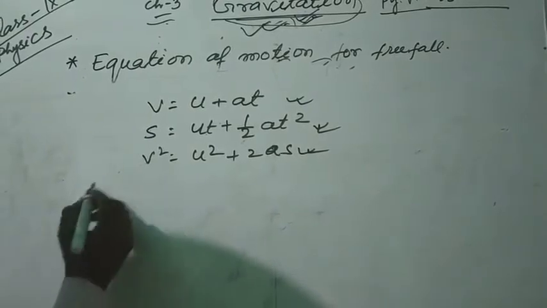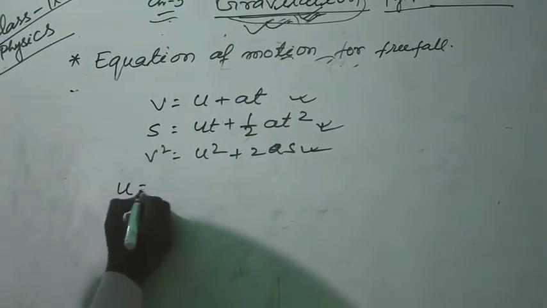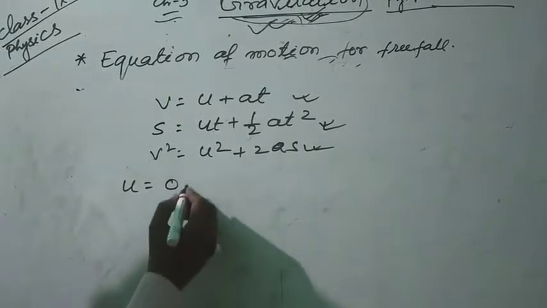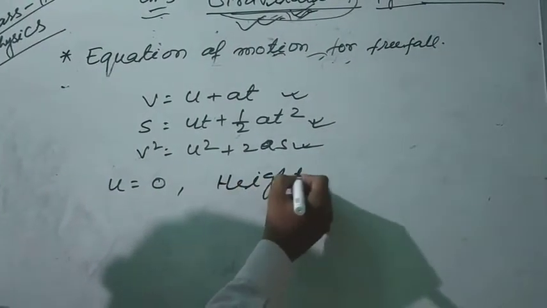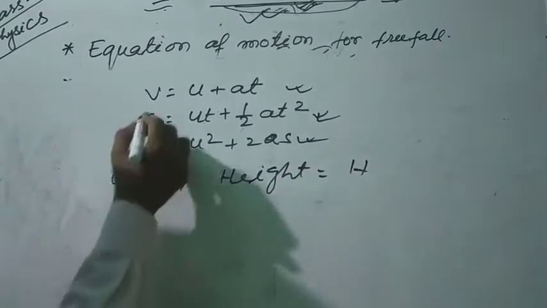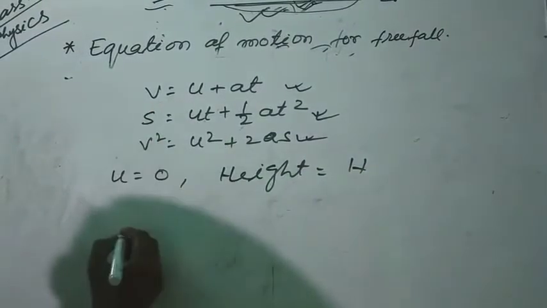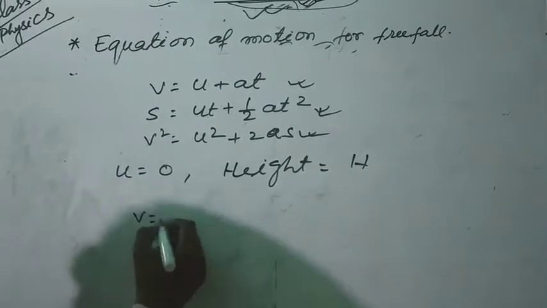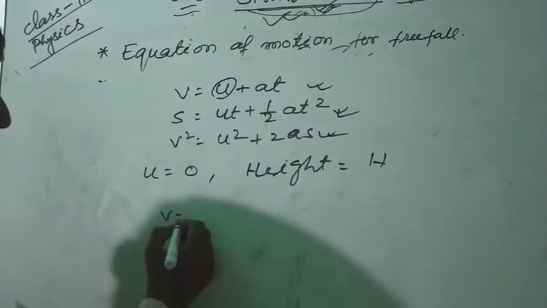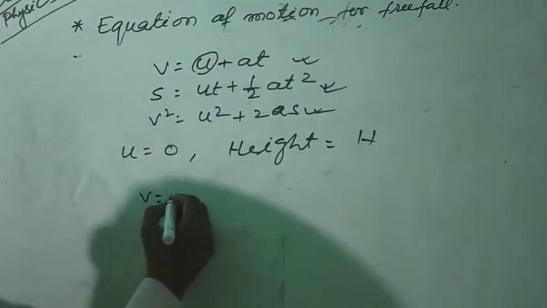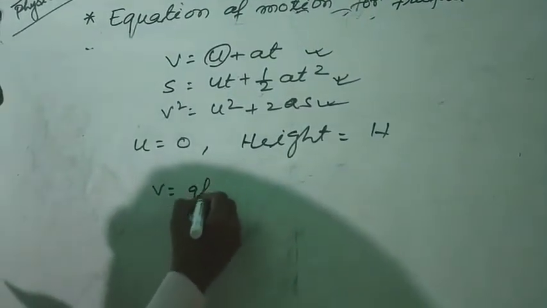If a body freely falls and its initial velocity is equal to 0 and it falls from height h, then these equations become: v is equal to, in place of u it becomes 0, and finally the equation becomes v is equal to gt.